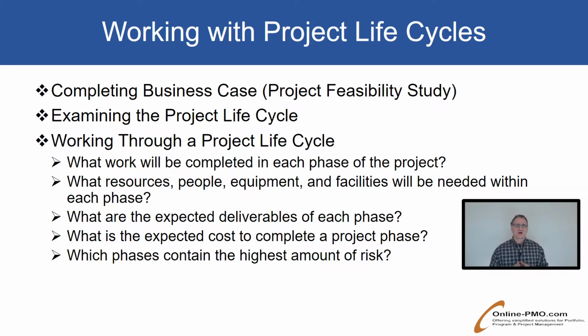Project life cycles allow a project manager to determine several things about the project. Armed with the appropriate information for each project phase, the project manager can plan for cost, schedule, resource availability, risk management, and other project management activities to ensure that the project progresses successfully.